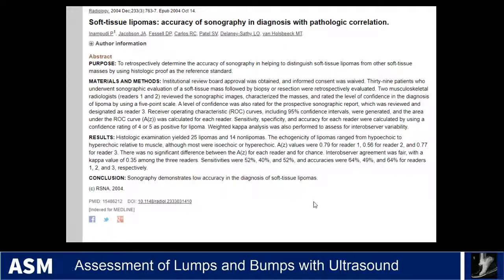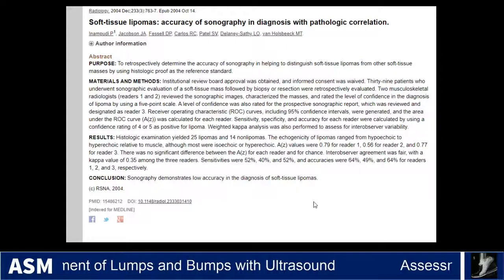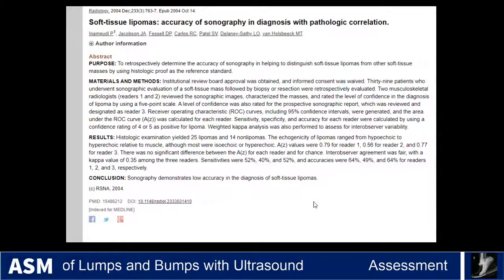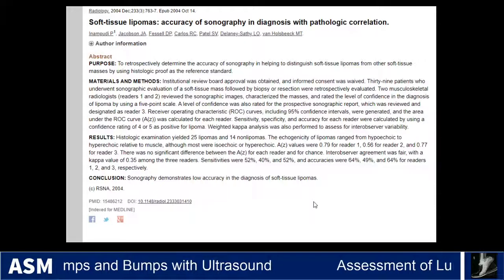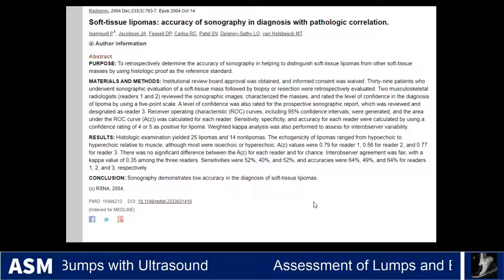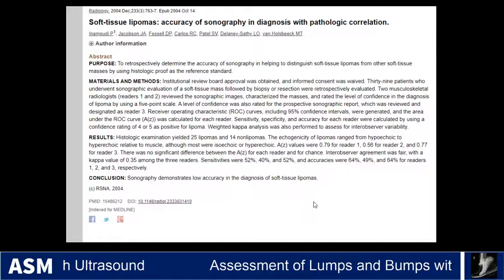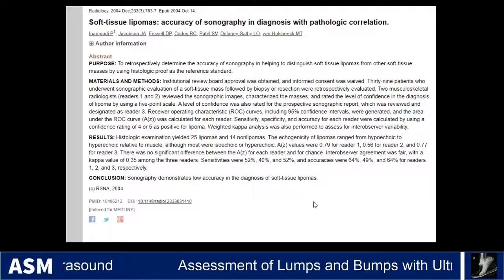When you go deep to the fascia, so into muscular compartments, the rate of potential problems increases, and so these are sometimes treated differently. So it's an important distinction, although some of these papers that we review will have a mix of superficial and deep masses, and I'll try to point those out as we go through.